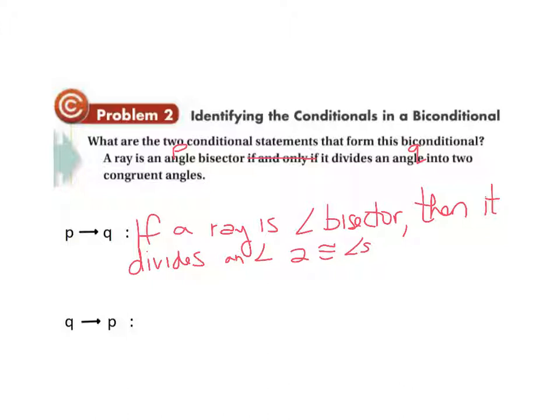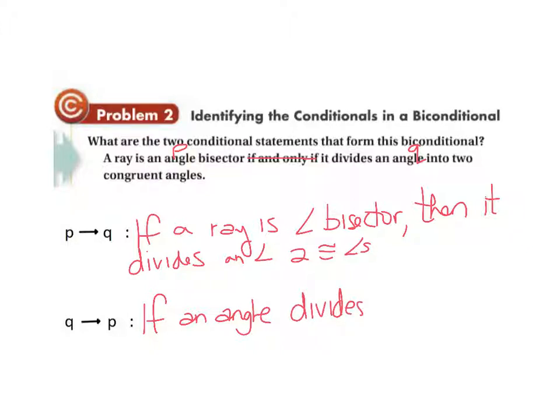Now what we do is we switch that around. Since it was a biconditional, it's supposed to work both ways, so let's flip it. We always like to put the subject first. What are you talking about? So I'm talking about a ray.